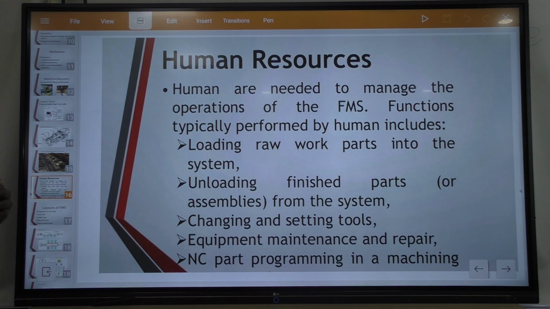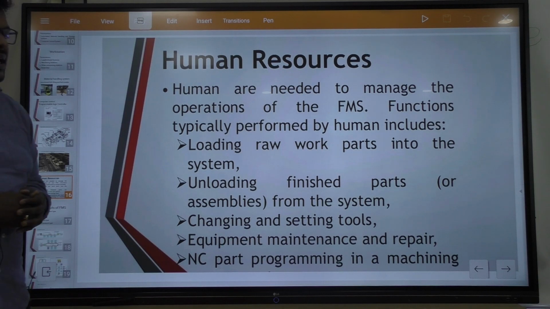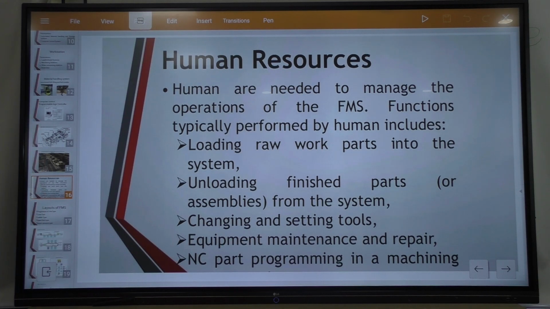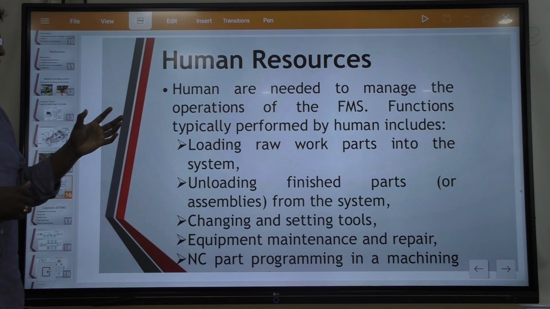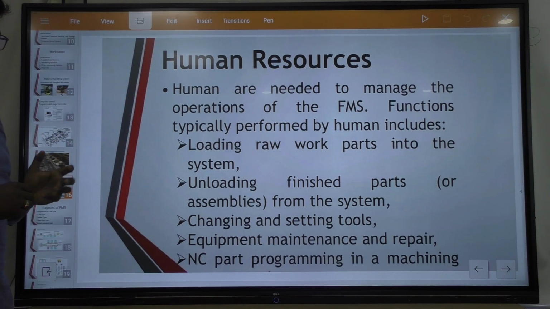Last one is human resources. Humans are needed to manage the operation of the FMS. Functions typically performed by humans include loading raw work parts into the system. Obviously if you want loading and unloading of parts into a machine, that will consume a lot of time, and that will save your time by the help of this flexible manufacturing system.